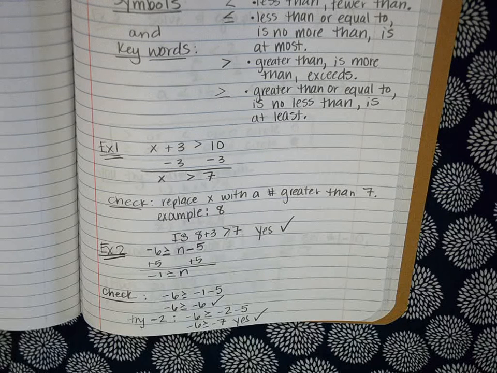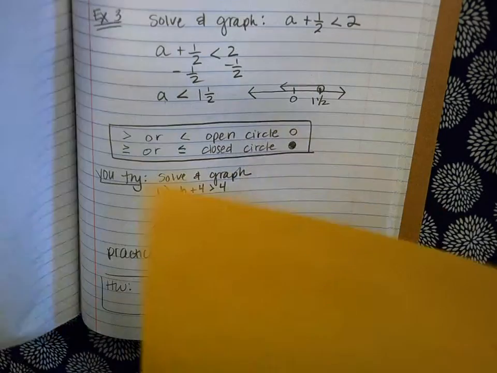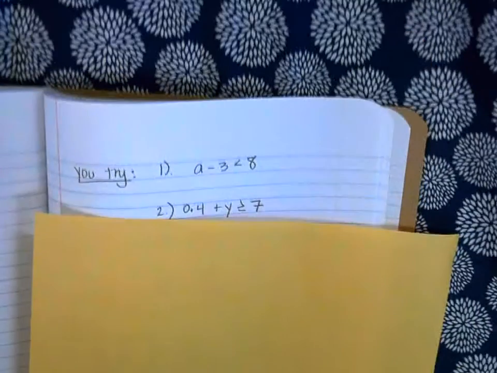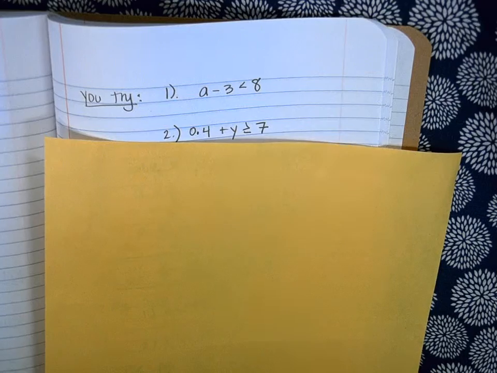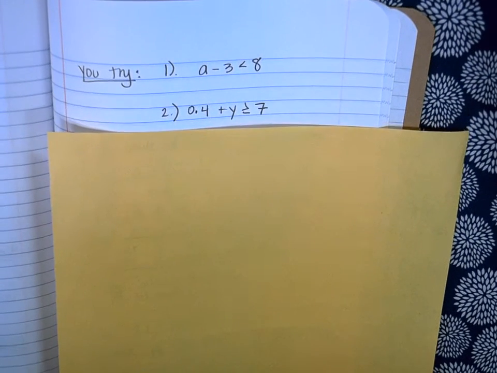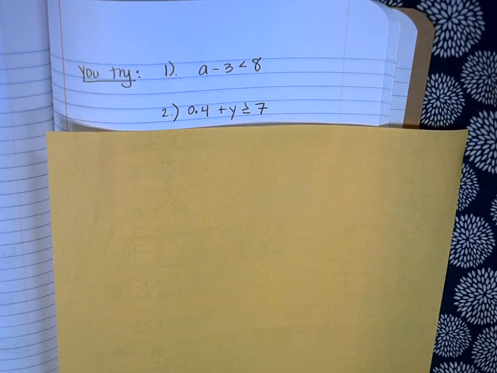Almost got it? Okay. All right, so on the next page, you're going to try a couple of these. The first one I want you to try, that one's pretty easy. The second one, try that out. I'll give you about a minute. They're pretty simple.